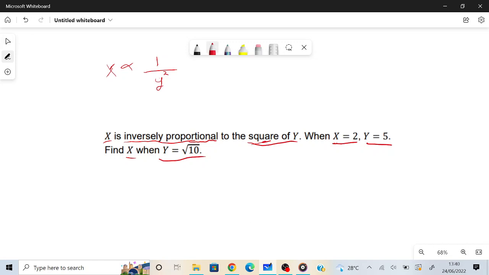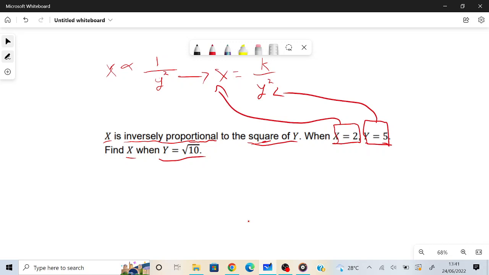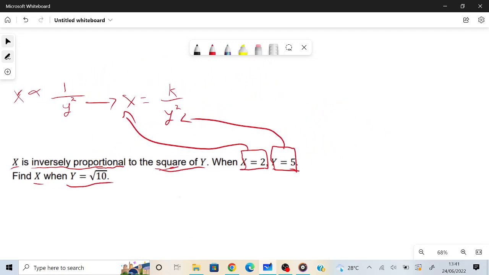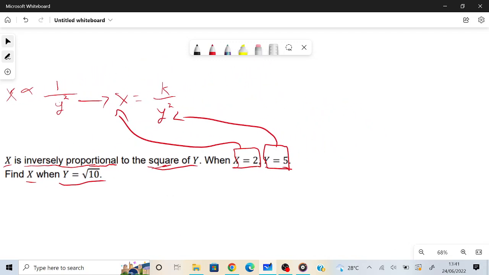Now it says when x is 2, y is 5. So forming an equation out of this, we have x is equal to k all over y squared. So let's substitute our x over here and our y over here. Upon doing that, we now have 2 is equal to k over 25.